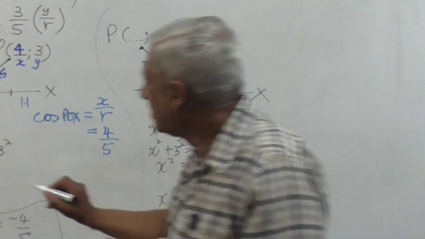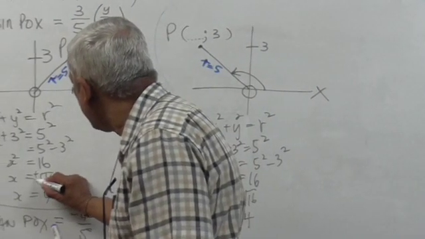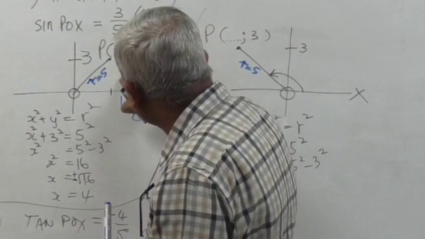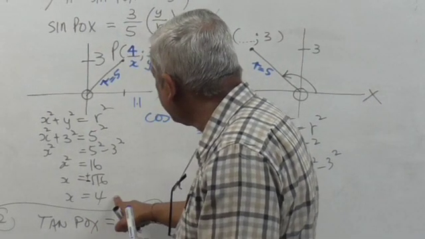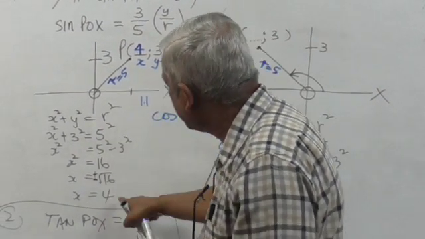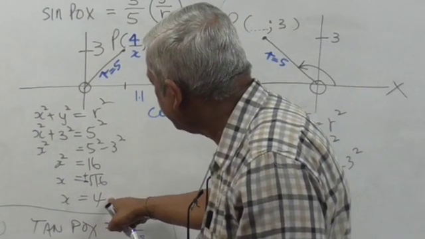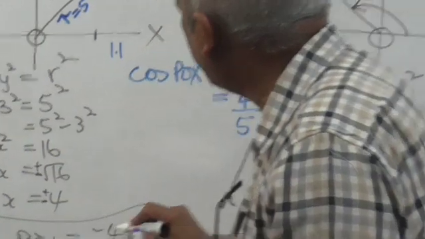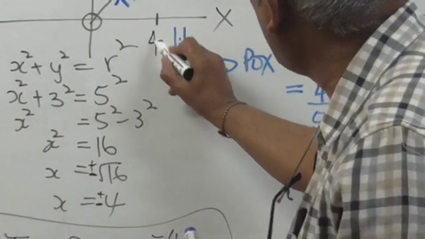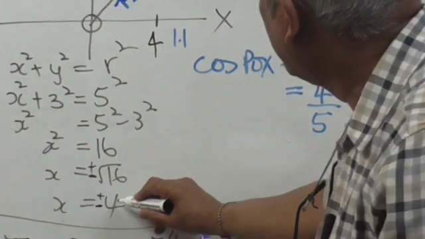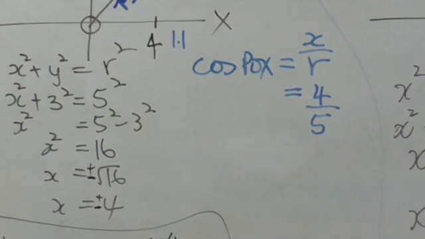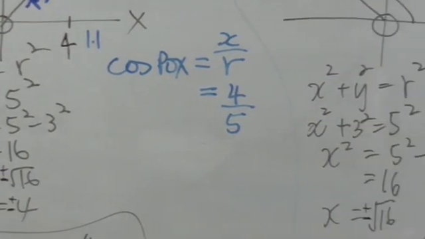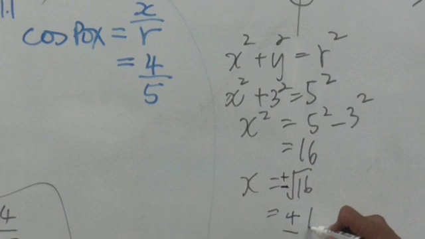Right? Here too, we should have written plus minus. But because it's a first quadrant, it will be positive. Because it's first quadrant, we'll only take the positive answer. Right? So you can even write plus minus 4 here, but you'll choose the 4, the positive one, because it's first quadrant.